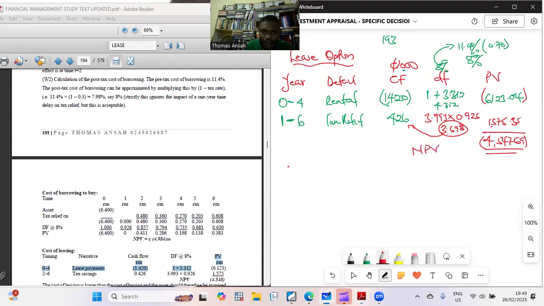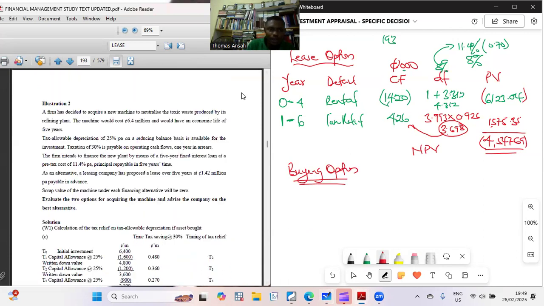So what about the buying option? Buying option. So when we come to the buying option, remember how we set up our capital allowance. So we have T, it depends, is it T1 at T0 or T0 at T1? All right, so T1 at T1 or T0 at T1.